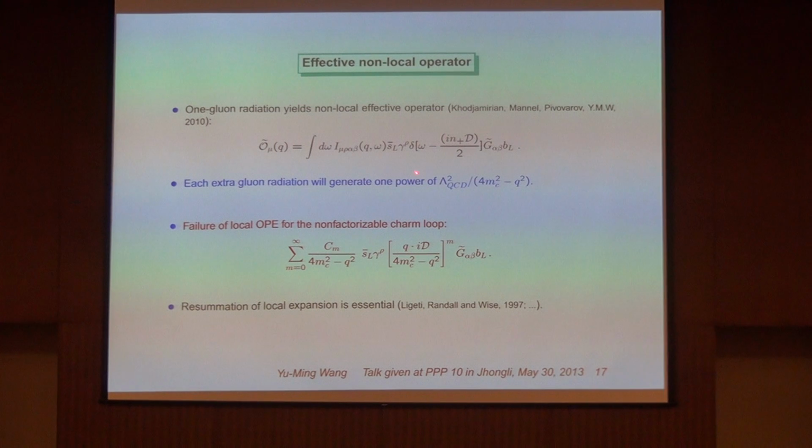Now you can understand why the local OPE actually doesn't work, because if you simply expand this function in the local limit, you will get a tower of operators with increasing dimensions. If you focus on the numerator in the square brackets, the covariant derivative acting on the gluon field strength will pick up the soft momentum k, and the scalar product is actually of order m_b times Lambda QCD.